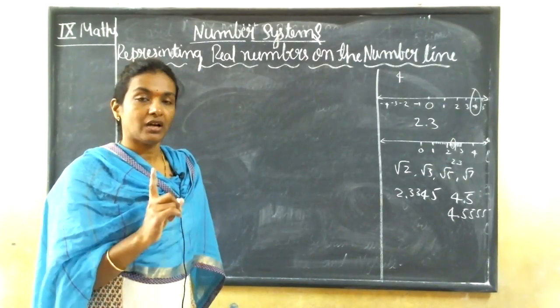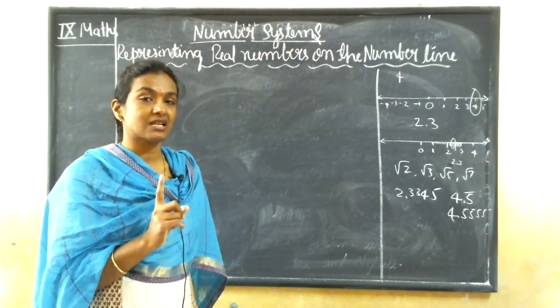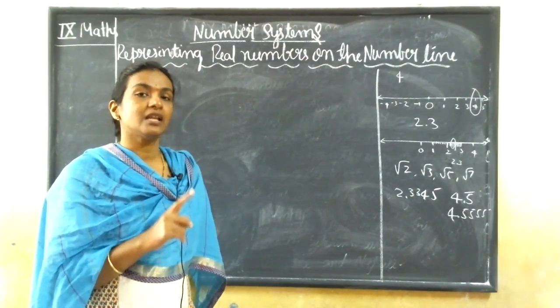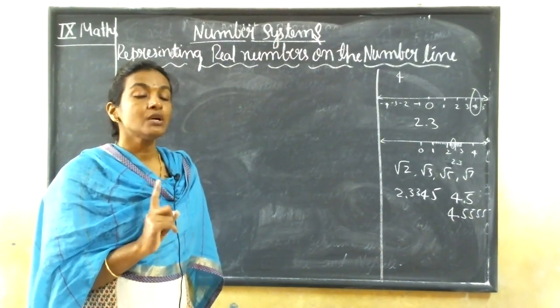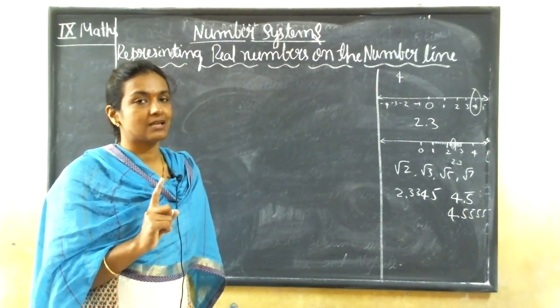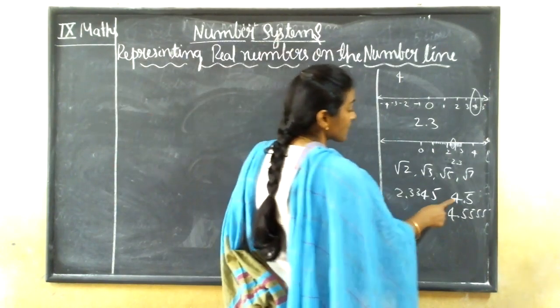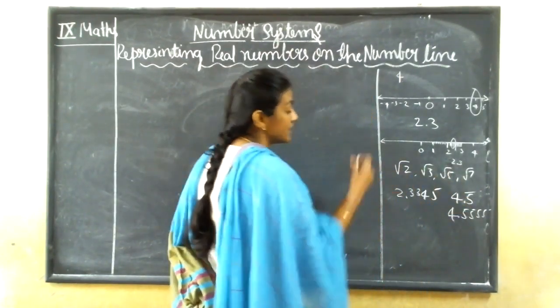I hope you all remember the classes I explained previously, like what is rational, what is irrational, what are the examples, and recurring, non-recurring, repeating, non-repeating. You have to revise all these before you come to the class, guys, otherwise you won't understand this. Clear? So if I write 4.5 bar, it means this 5 is going to repeat.